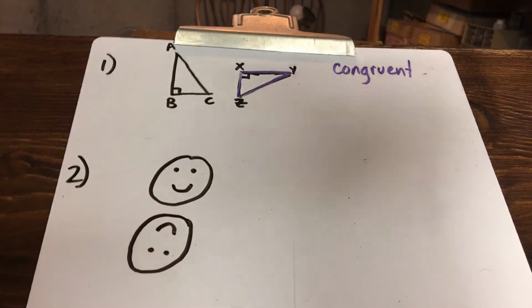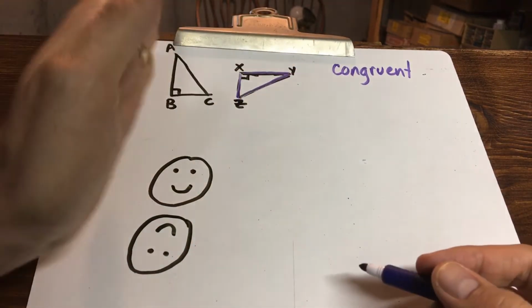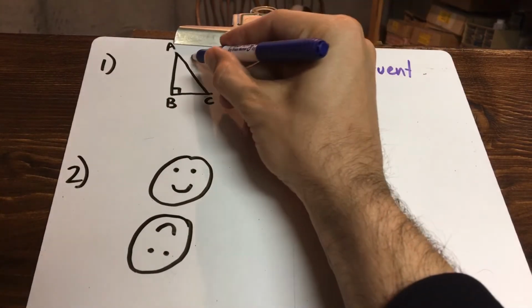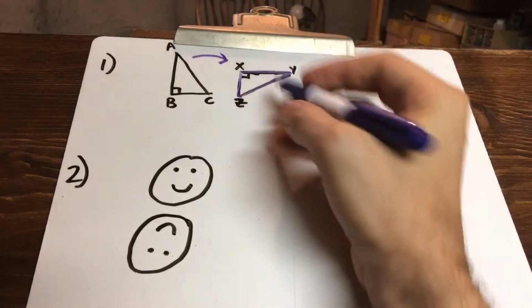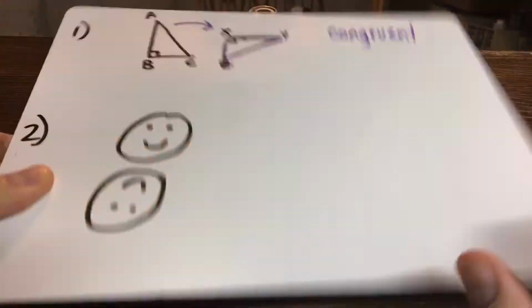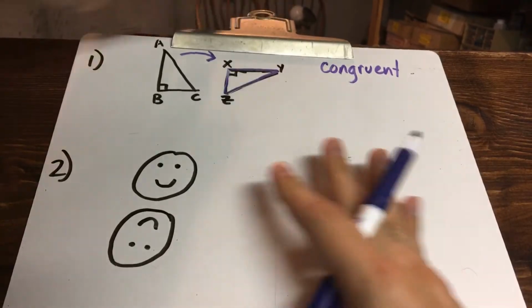It looks to me like if we took this shape and we rotated it, right? We took it and we went whoop, and rotated it like this. And we turned it so that instead of looking like this, it looks like this. That's going to be the right orientation so that it'll match up with our other one.